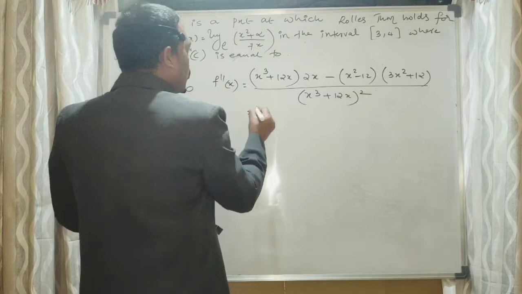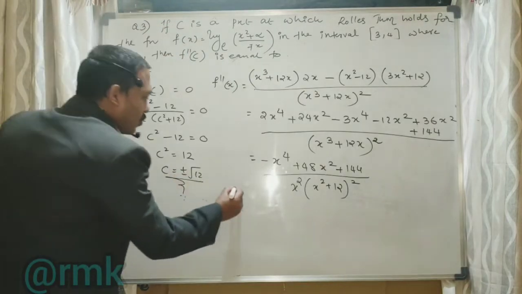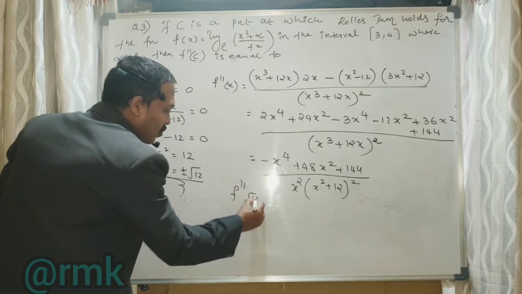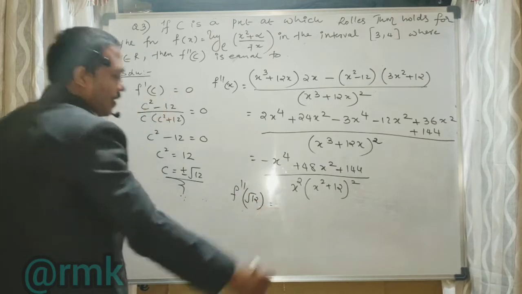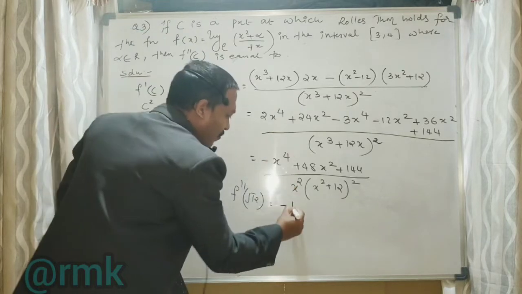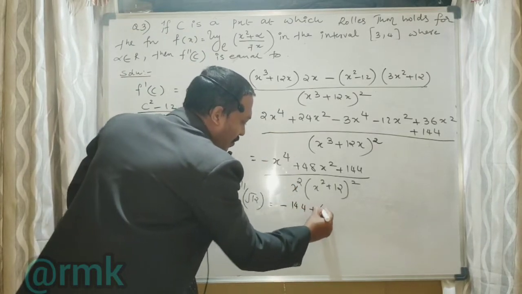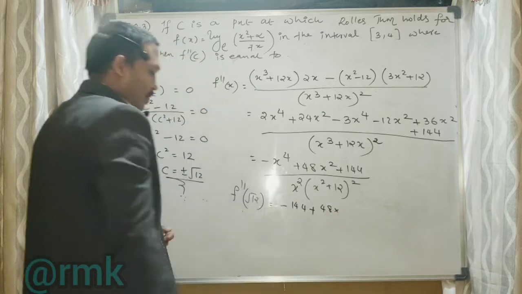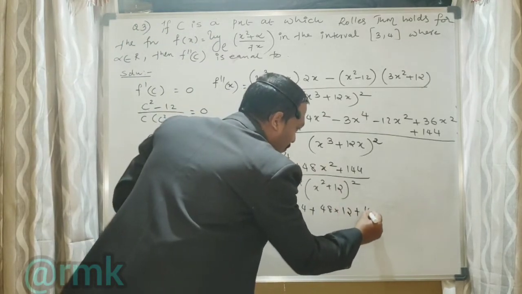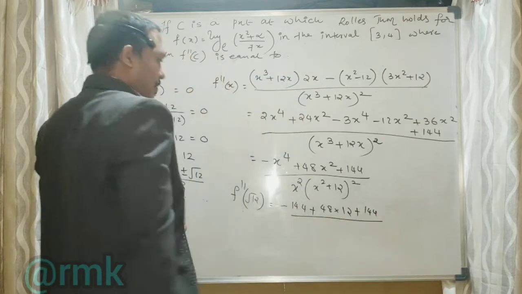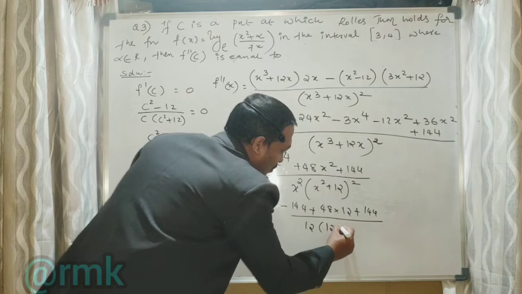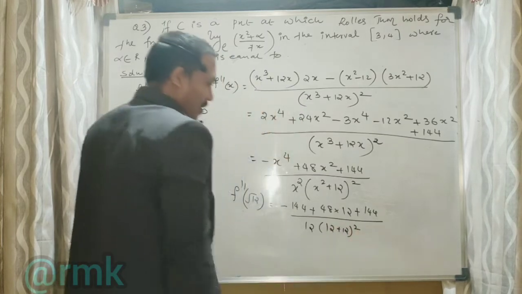That is equal to, put this root 12 into this x, f double dash c, that is root 12 minus root 12 raised to 4 is 144, plus 48 into root 12 square is 12, plus 144, divided by root 12 square, that is 12 into 12 plus 12 the whole square.